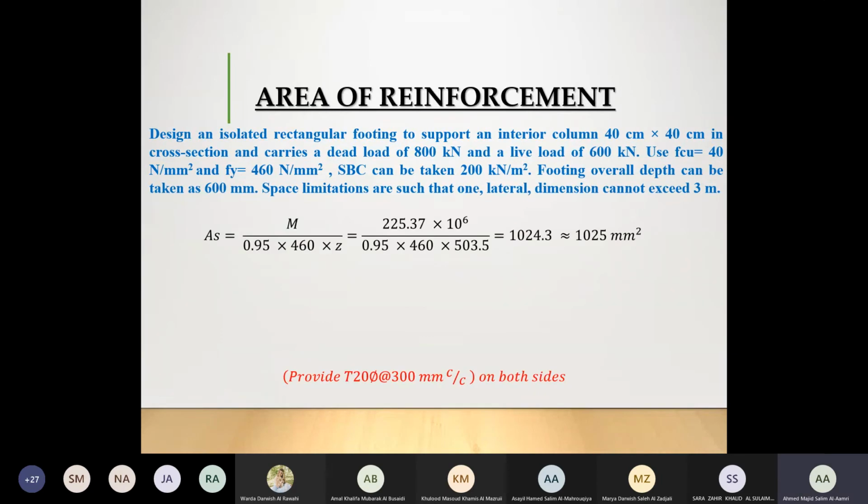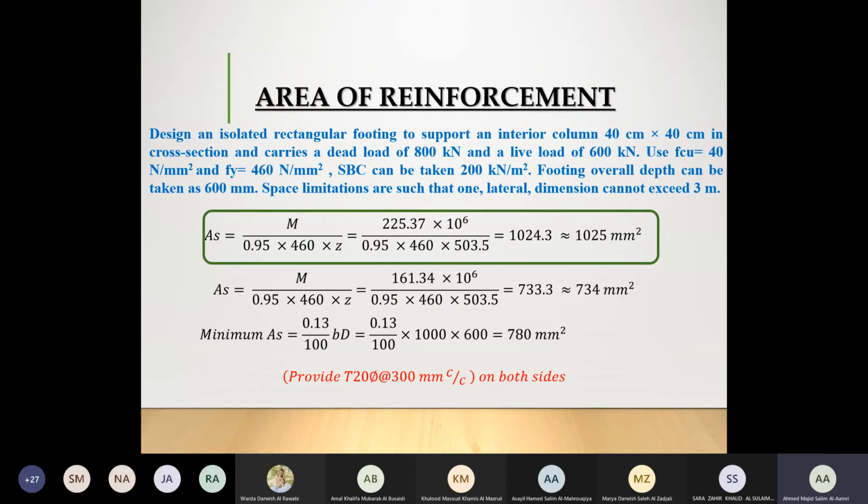We have got the first value to be 1025 for the length of 1.3. And then for the length of 1.1, we have got it to be 734. So the required, once again, the required for the 1.3 length direction, 1025.